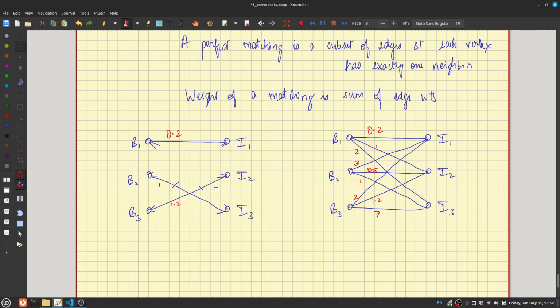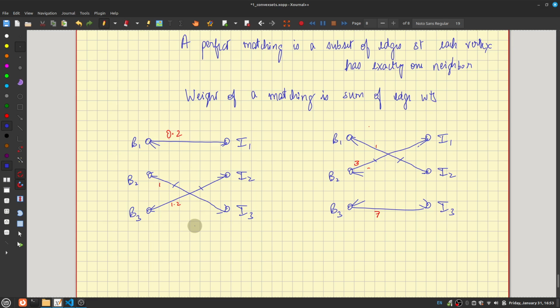This is one particular perfect matching. Another perfect matching is maybe I decide that buyer 1 gets item 2, buyer 2 gets item 1 perhaps, and buyer 3 gets item 3. Right, so both of these are examples of perfect matchings.